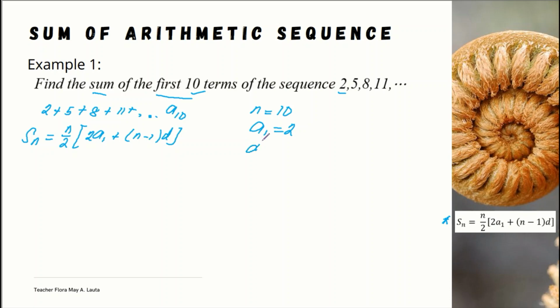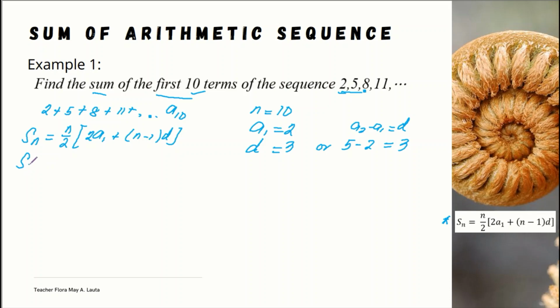And the common difference, which is 3, because 2 plus 3 is 5, plus 3 is 8, plus 3 is 11. Or if you want to solve for the common difference, we have 5 minus 2, or a sub 2 minus a sub 1, which is the common difference. So that is 3.